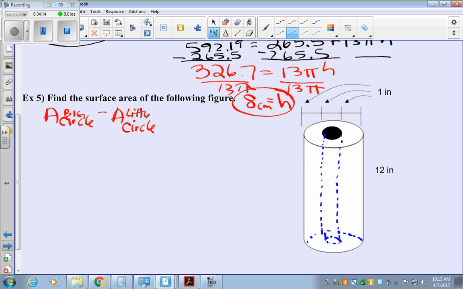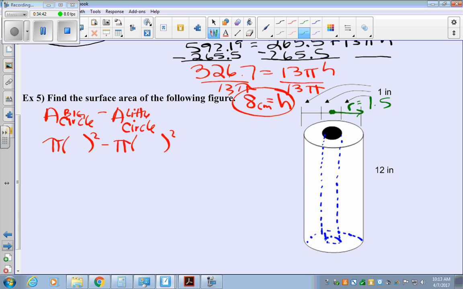So when we're looking at the area of the big circle, we've got pi times r squared. We're going to do the same thing with the little circle. We just have to determine what the radius of each of those items is. So if I were to start here at the middle and go all the way to the edge, what would the radius of our big circle be? 1.5.